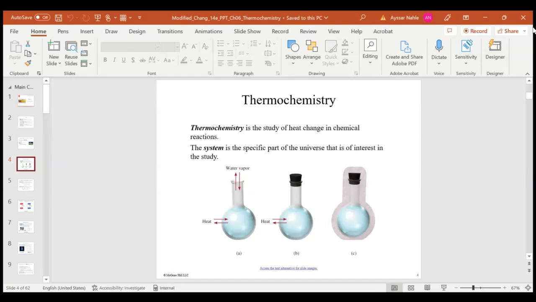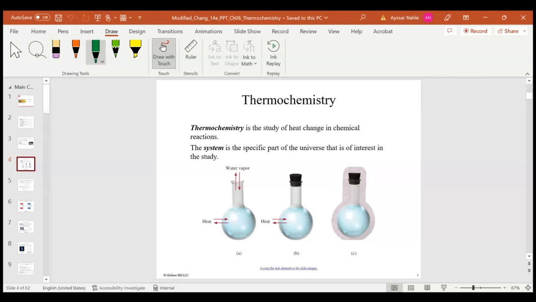That means it's a chemical reaction that is associated or linked with energy absorbed or energy released. That's thermochemistry. So thermochemistry is the study of the heat change in a chemical reaction. Now, when we talk about a system, that means a system that we're going to study.